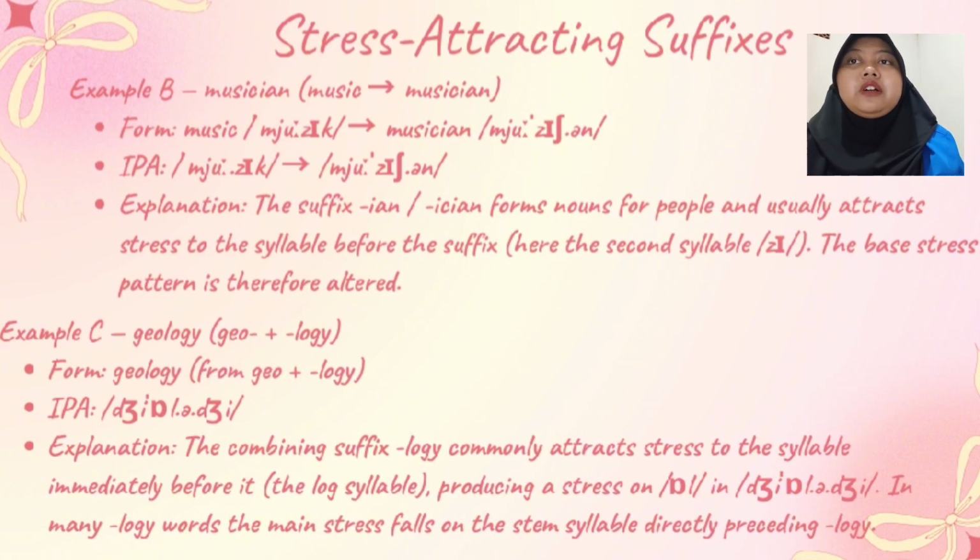The adjectival suffix -ic often shifts the stress toward the syllable immediately before the suffix. In this family, the noun democracy has stress on the second syllable, but the adjective democratic places stress on the penultimate syllable because -ic creates a different prosodic footing.